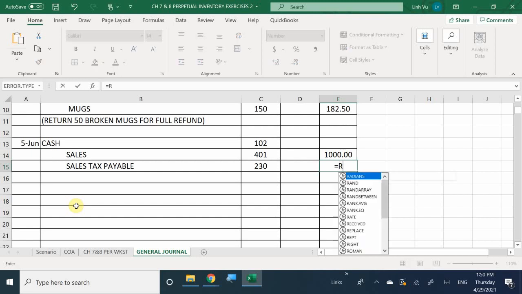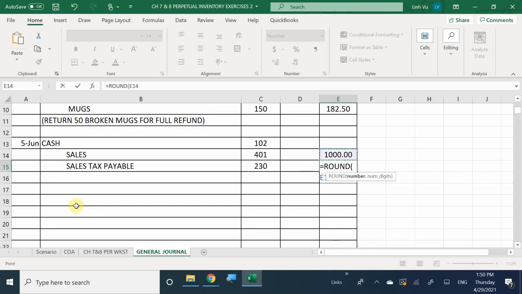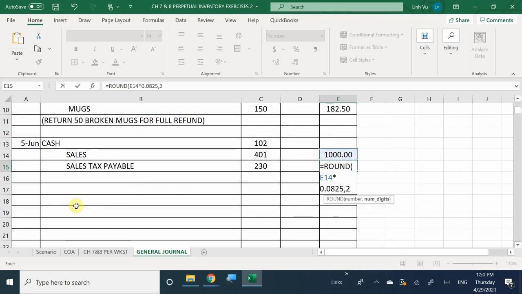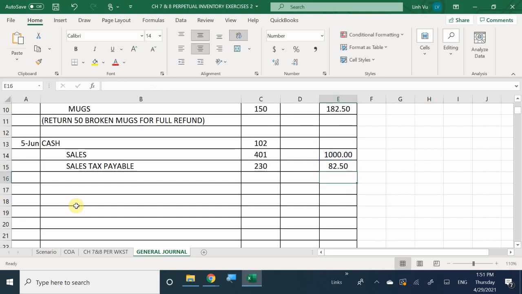How do we figure out the sales tax on this? Okay, so again, I'm going to calculate it here, equal round, right? We're going to take my 1,000, multiply it by my tax rate, and I want it to 2 decimal places. You mean 82.50? 82.50.